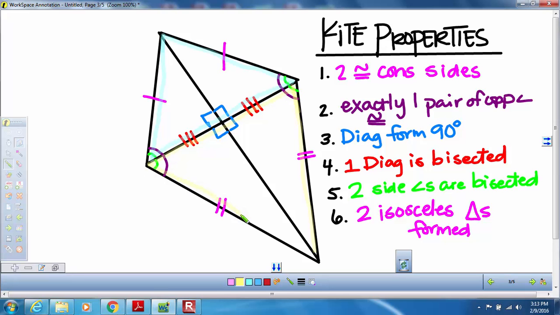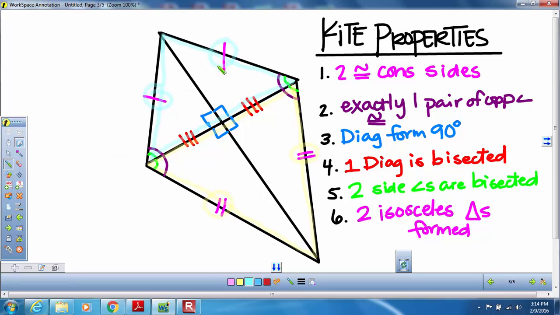We know that 2 consecutive sides are congruent. So if we look here, we have this side and this side are congruent. So if that's true, that's an isosceles right there. And we also have that this side and this side are congruent. So we should be able to see the isosceles triangle there as well.